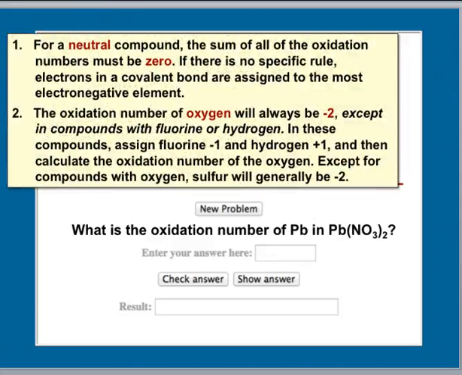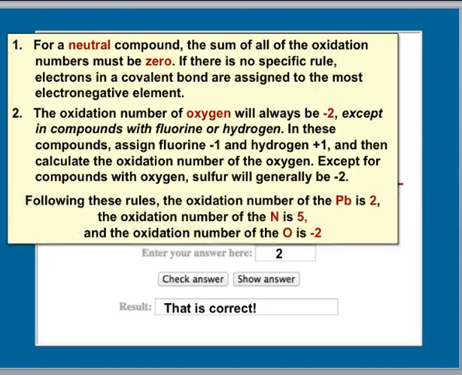Oxygen will be -2. Now nitrate, NO3 minus, right? We have 6 negatives. How many positives? Got to be 1 less, got to be 5. So the lead is +2, nitrogen is +5, oxygen is -2.